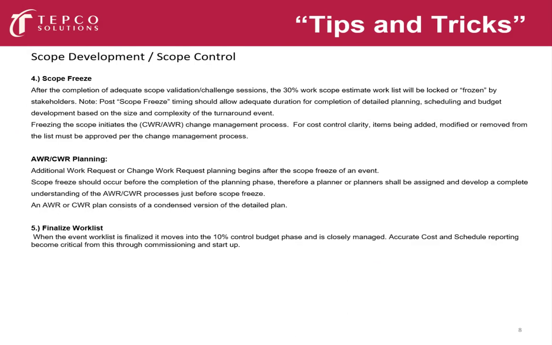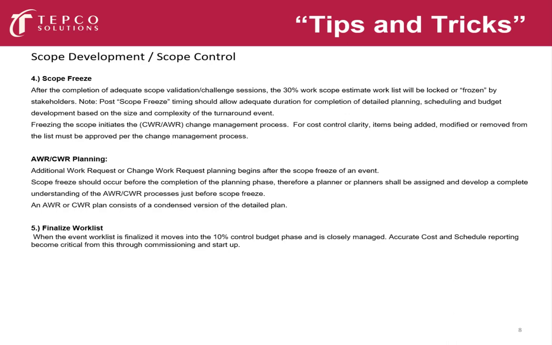Now, scope development and scope control. So we're going to move right into phase number 4 here, the scope freeze. Once the adequate scope validation sessions are done and we're at a 30% work scope estimate, plus or minus 30%, we're going to lock the scope. It's also known as frozen by the stakeholders.